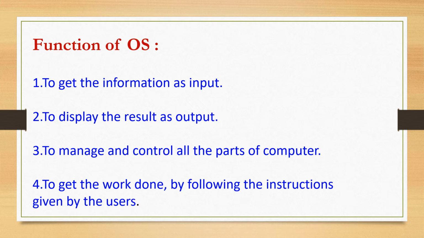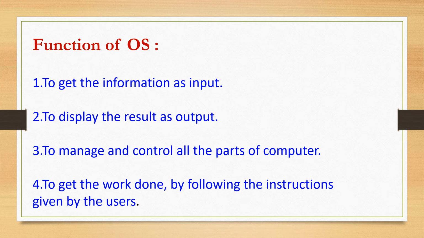When we are using a computer system and whenever we type anything, what we are doing is giving an instruction to the computer. So that work will be done by the computer system. And how will it be done? It will be done by the computer system with the help of the operating system, correct?